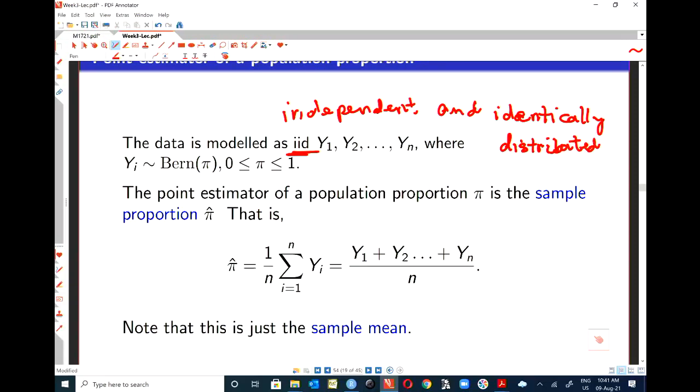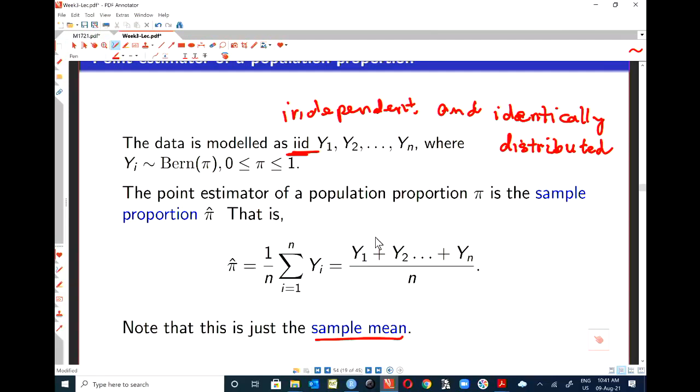So if that's the case, if my Y is a Bernoulli with parameter pi, then the point estimator is just the sample proportion.